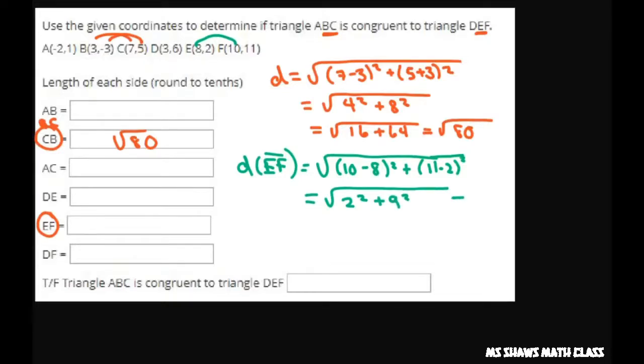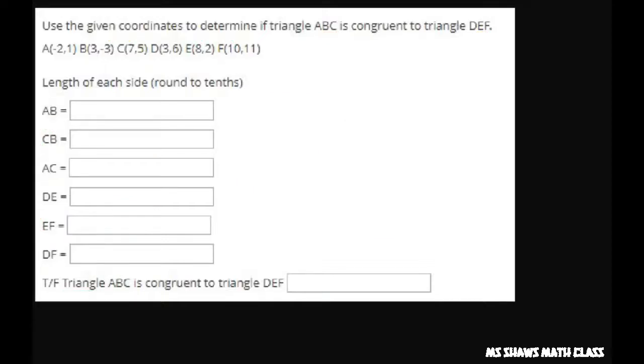And that's going to be 4 plus 81, which equals the square root of 85. Since these aren't the same, that means the triangles are not congruent. So right now we can put false, but we still have to fill in the last information.